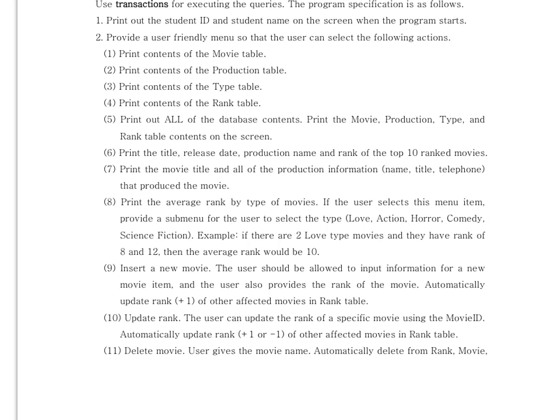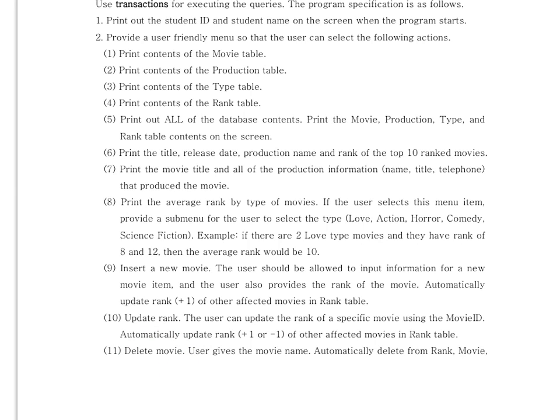Okay, and then you would want to delete the movie, so the user gives the movie name, and you automatically delete from the rank and the movie and all those different tables that are related with the movie table.